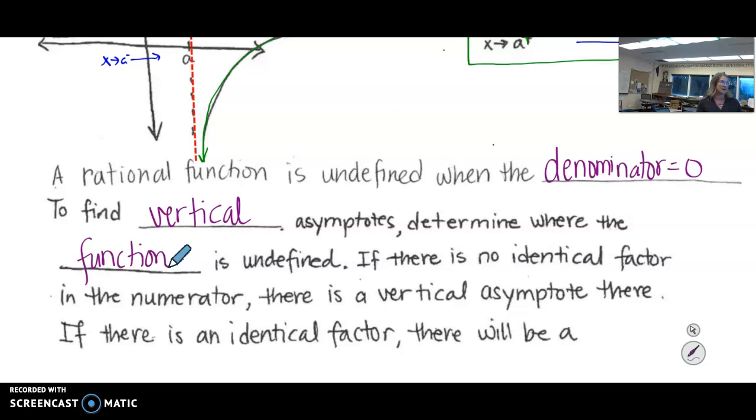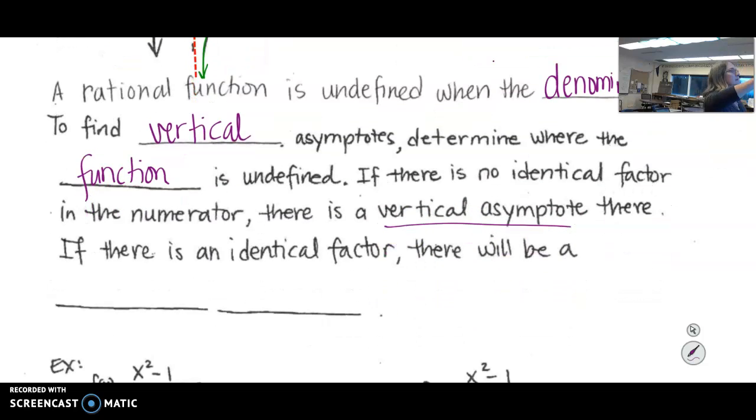You're either going to have a vertical asymptote or you're going to have something called a removable discontinuity. If there's no identical factor in the numerator, you will have a vertical asymptote at that value of x. If there is an identical factor in the numerator as in the denominator, there will be what's called a removable discontinuity.